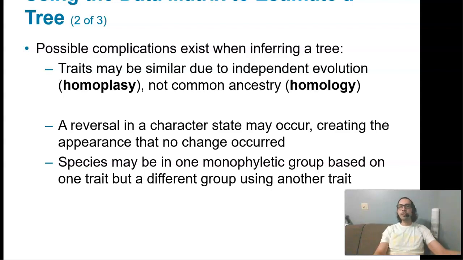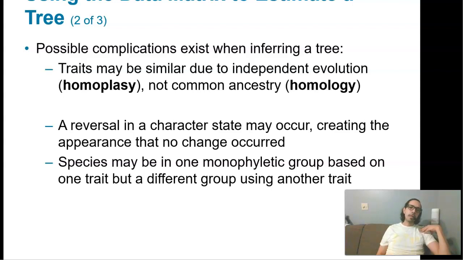Some possible complications exist when you're inferring a phylogenetic tree because sometimes traits are similar due to independent evolution and not common ancestry. When the trait is similar because of independent evolution, that's called homoplasy. When the traits are similar due to common ancestry, that's called homology.